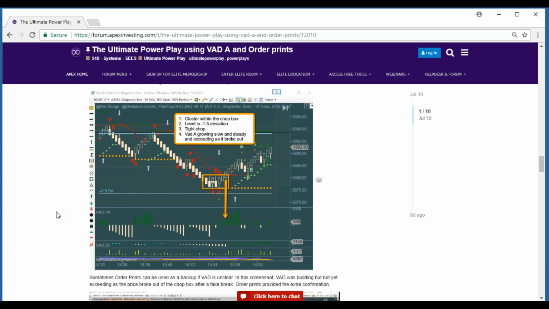Power play number 2. We've got a high. Market comes down. It pulls back up on what? Much higher volume. But even on much higher volume, it couldn't get as high. We're at a level, and let's say there was a cluster there, right? If there was a cluster, right?